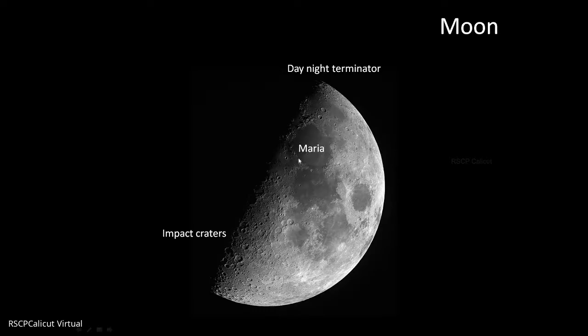People have even done a project at our regional science center, Planetarium Calicut, where they measured the height of a lunar mountain by measuring the length of its shadow and then making the required corrections. So the moon is a fascinating object, and people took time to understand that the moon is somewhat like our Earth, devoid of certain features, like it doesn't have an atmosphere. We do know why it doesn't have an atmosphere, why its gravity is low, why people can jump much higher, and why there is no water.